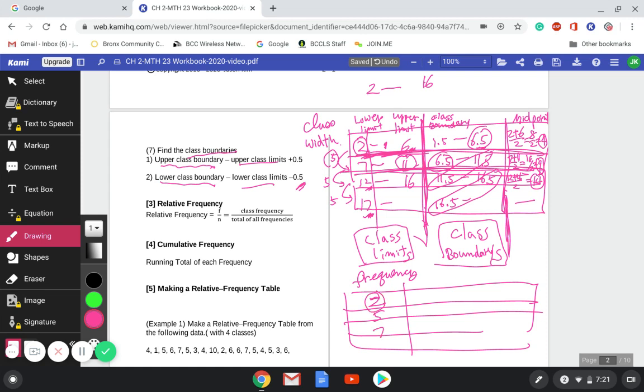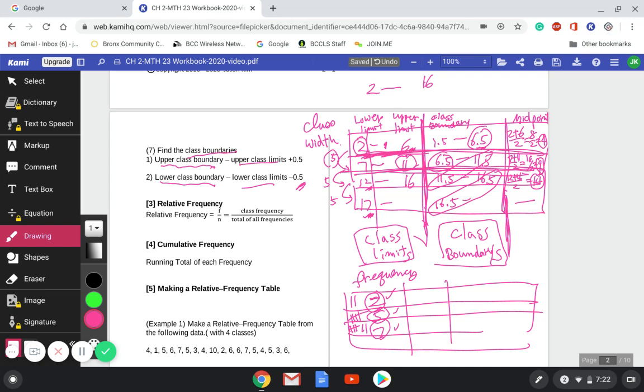That means there are 2 data belonging to this class, 5 data belonging to this particular class. So you write it down: 1, 2, 3, 4, 5. Next one was a 7, with a 2. But you don't have to write in tally unless you want to. You can just write in a number, which is easier.